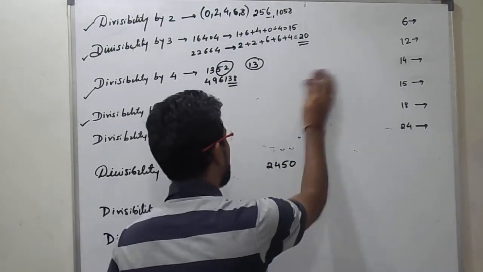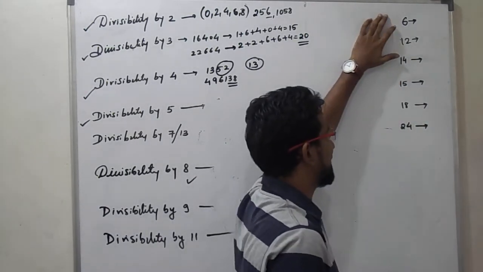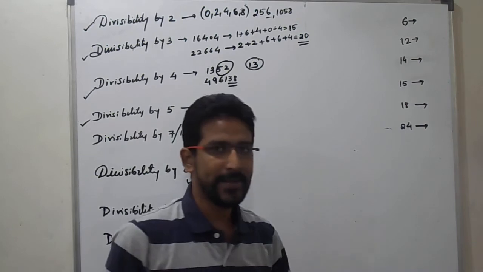Now there are certain numbers for which you can also find out the divisibility by 6, 12, 14, 15, 18, 24.